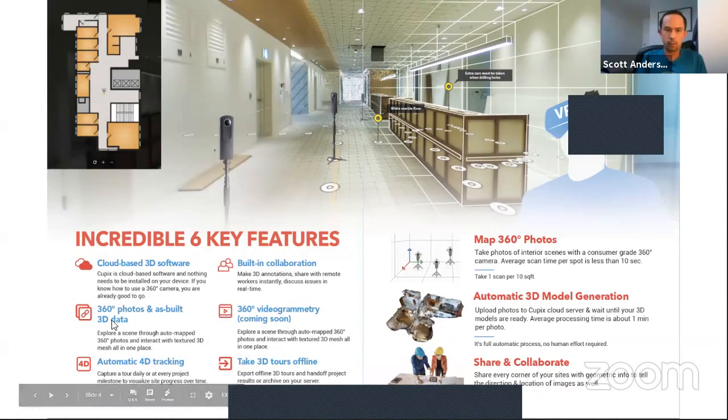Yeah. So an important point on that 4D tracking is just the speed of taking photos is really what enables the 4D tracking. We're covering about 1,000 square feet in a couple of minutes of time. Especially for construction sites.